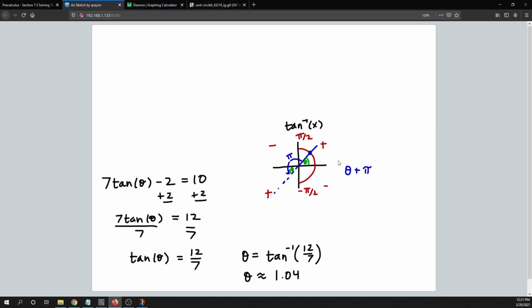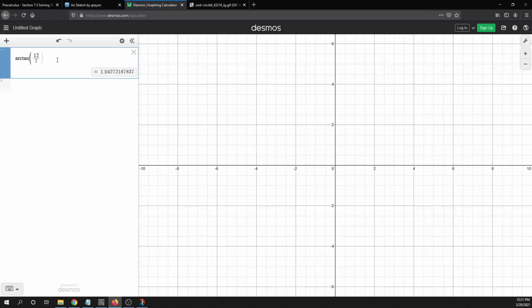All right. So what we're going to do then is theta is tan inverse of 12/7 plus pi, and go to the calculator and do that.